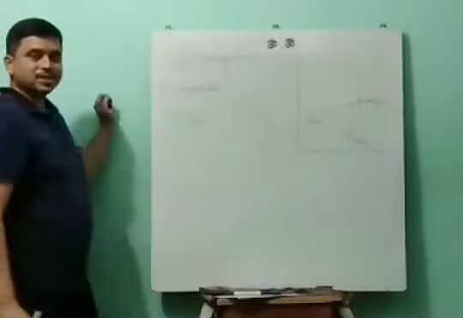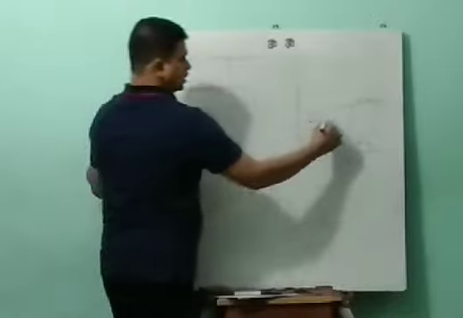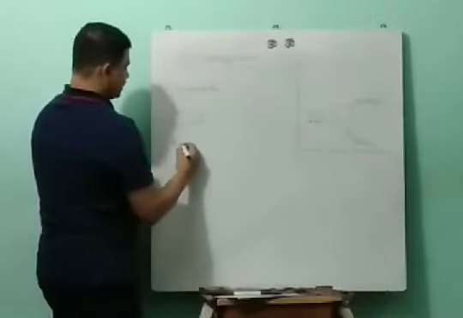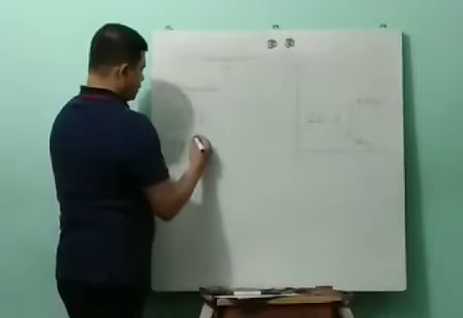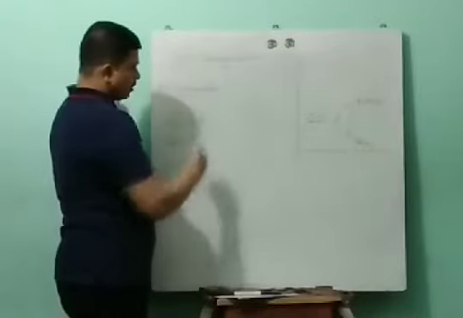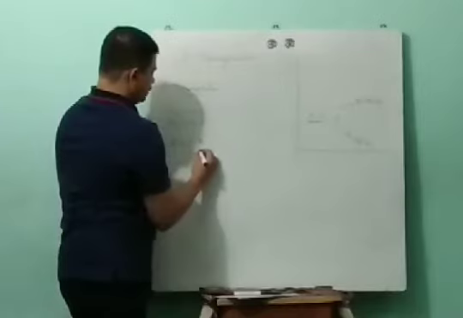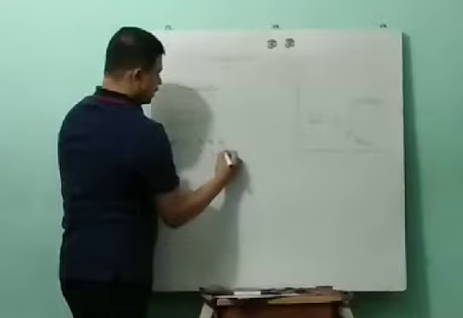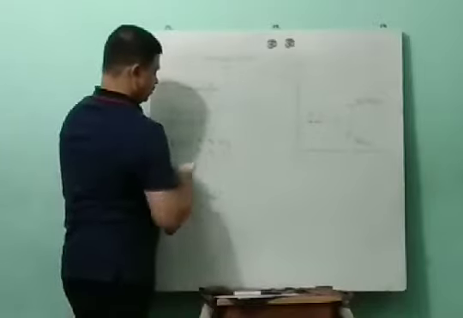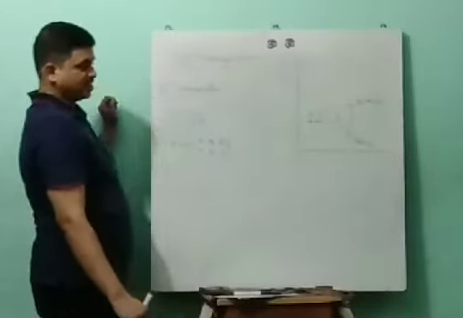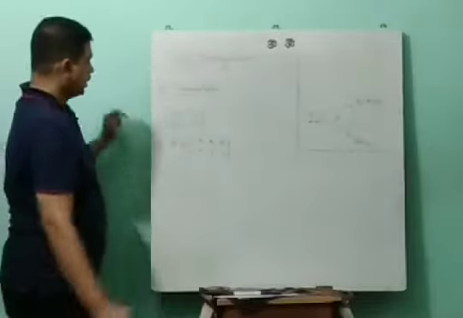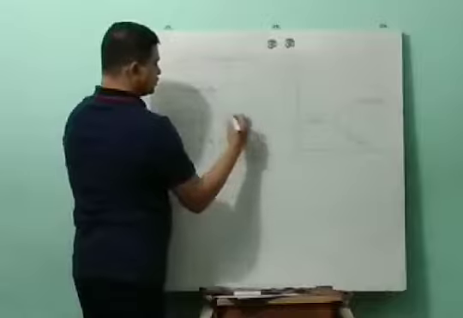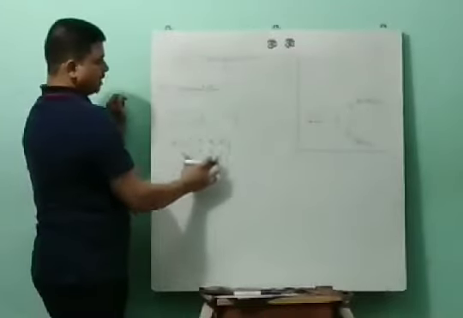Now, how to represent the triangle? We will consider this triangle as A. Then A is represented in matrix form with each point in a column: x1, y1, x2, y2, x3, y3. So this is the representation of a triangle in matrix. Now the translation matrix T should also be in the same order.